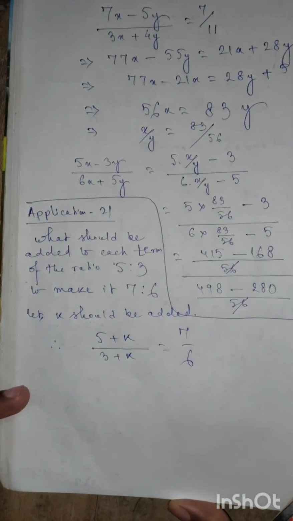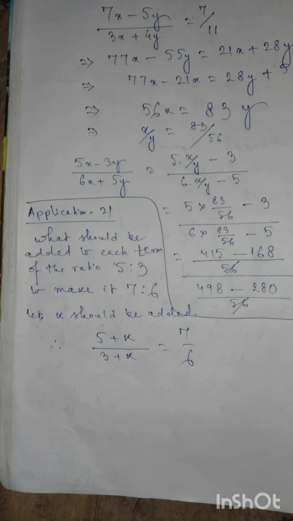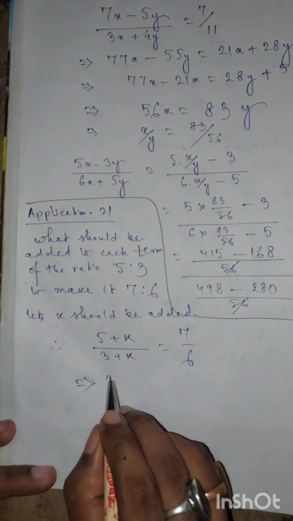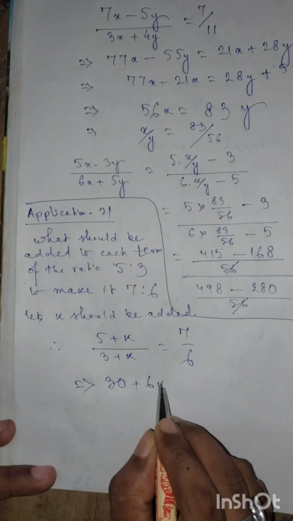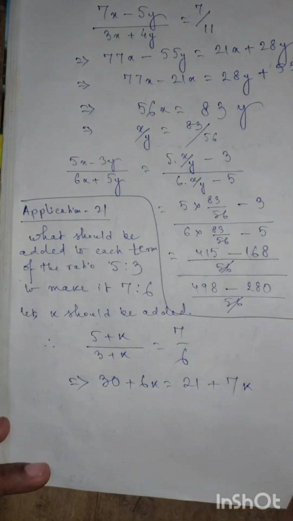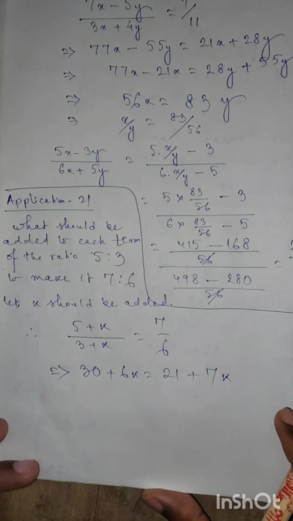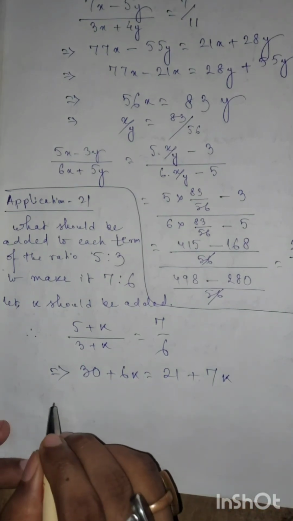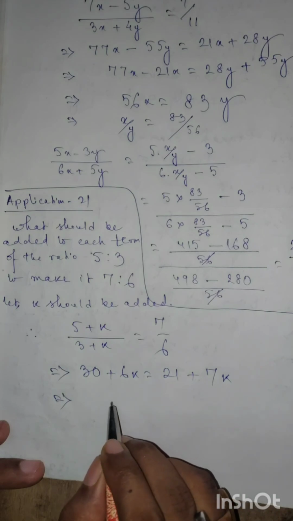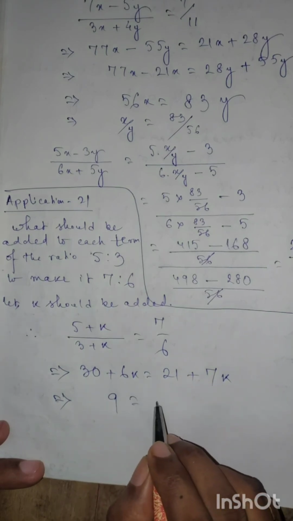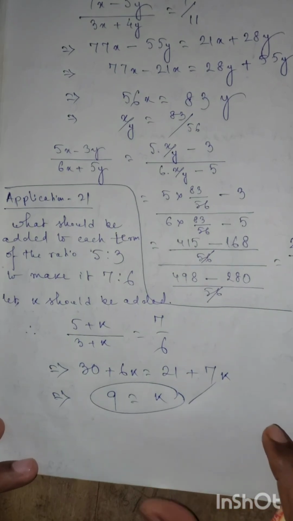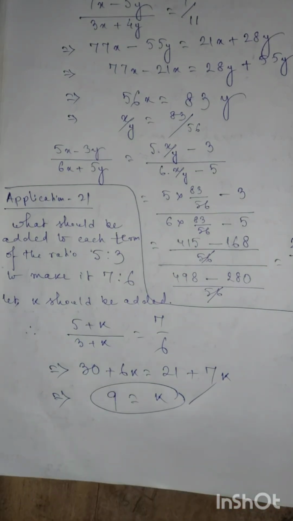Okay, this is the condition mentioned in the question. Now if we solve it, the value of k should be 9. Therefore 9 should be added.